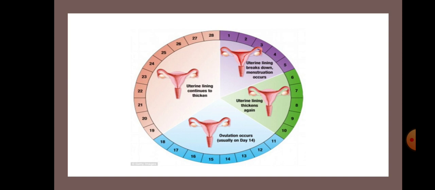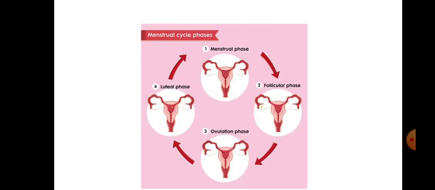The entire duration of one menstrual cycle is divided into 4 phases: menstrual phase day 1 to 5, follicular phase day 1 to 13, ovulation phase day 14, luteal phase day 15 to 28.